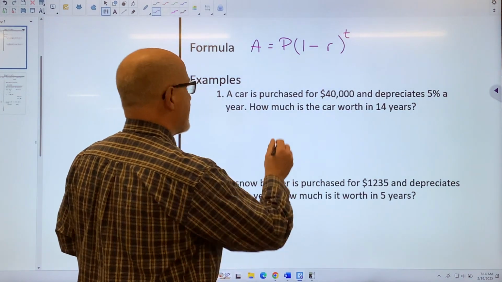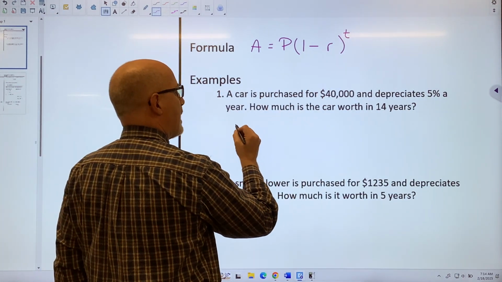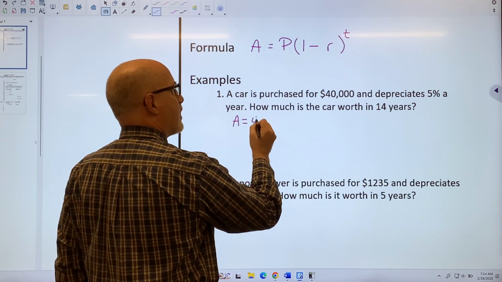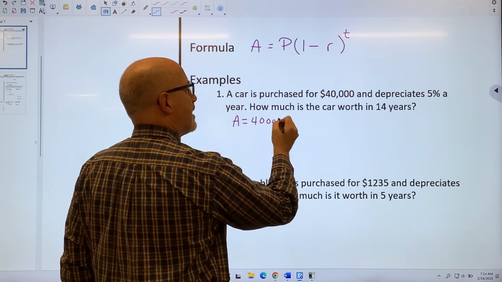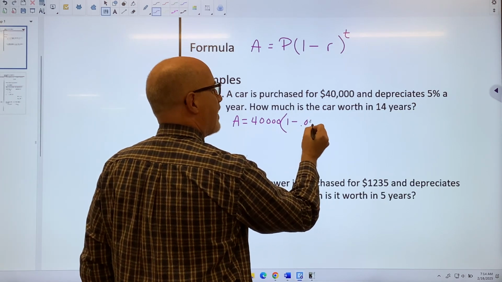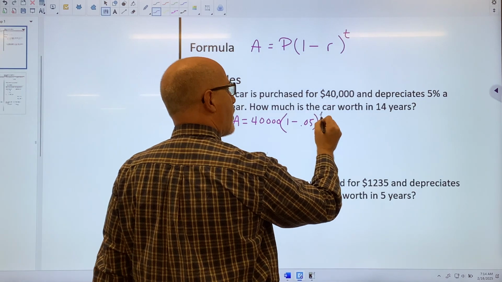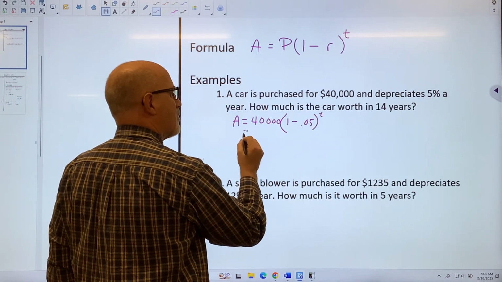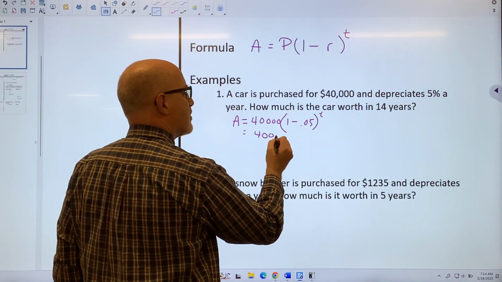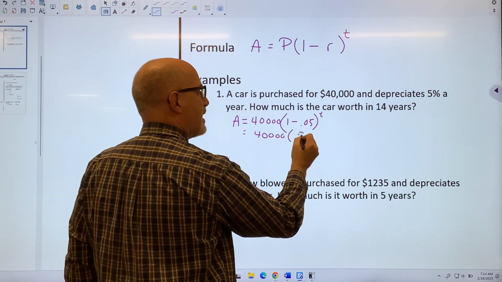First of all, we've got this problem where we start with $40,000, so our amount is going to equal $40,000 times 1 minus 5%, which is 0.05. So you put the rate, remember, as a decimal to the T power. So we're going to make that equal to $40,000 times 1 minus 0.05, which is 0.95.